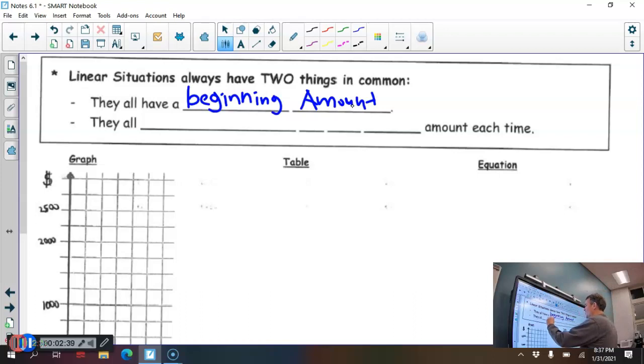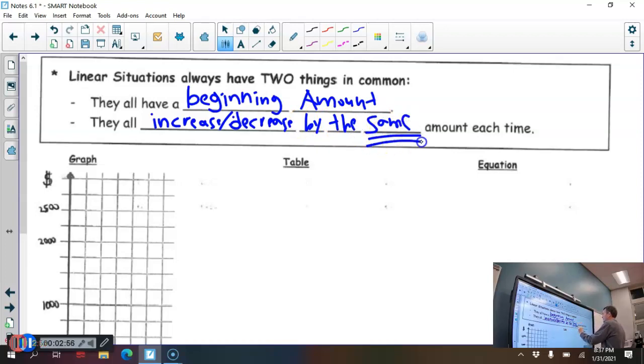And they all increase or decrease by the same amount each time. All right? They have a beginning amount, and they either increase or decrease by the same amount each time. That's what makes them linear. Those are two things that all linear situations have in common.